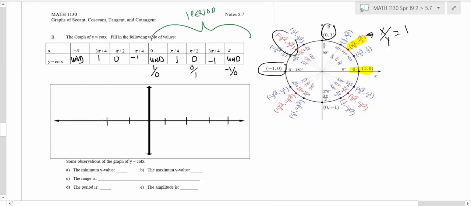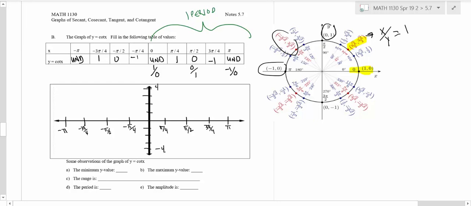Let's set up the x-axis using the numbers that are in my chart: pi over 4, pi over 2, 3 pi over 4, and pi, and so forth. And then let's make the y-axis go up to something like 4.